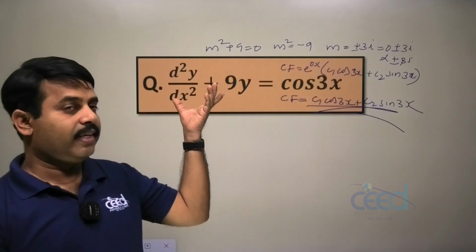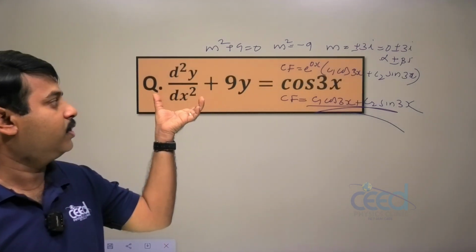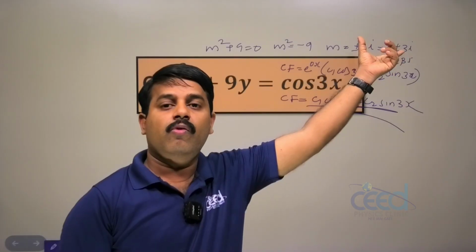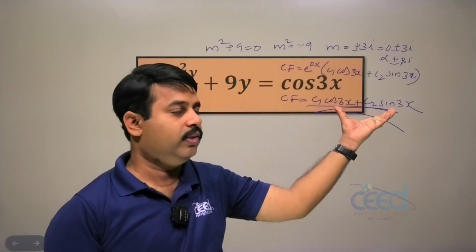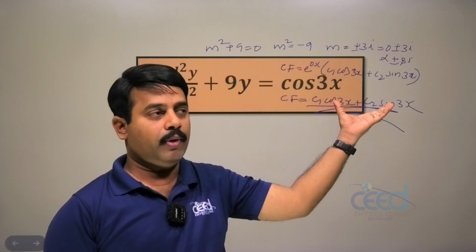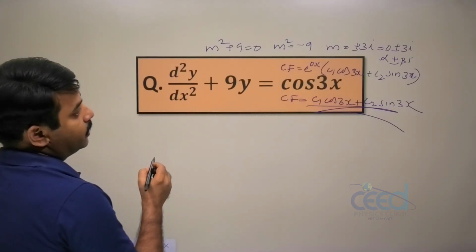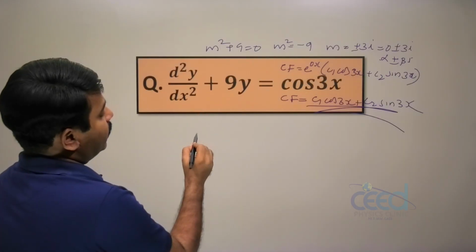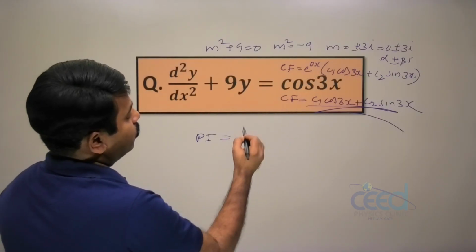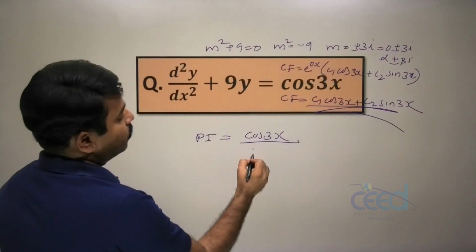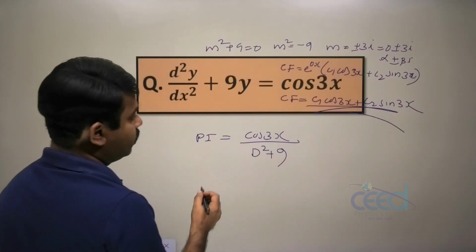We know we can find the complementary function if roots are imaginary or complex numbers. We already saw, so this is the easiest part. Now finding the solution of this. A particular integral is equal to cos 3x divided by f of d. What is f of d? d square plus 9. Then what is the rule?